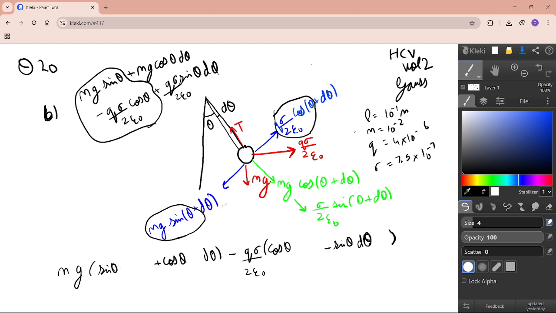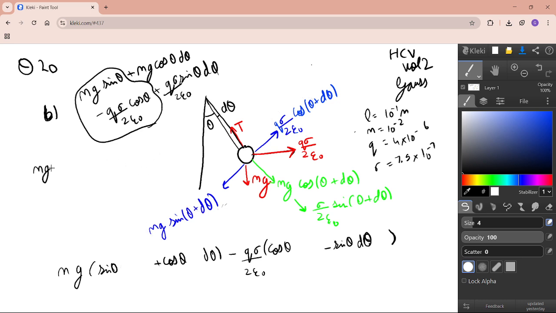So the sum must have been zero. But it was in equilibrium when the d theta displacement wasn't there. So the thing is zero.